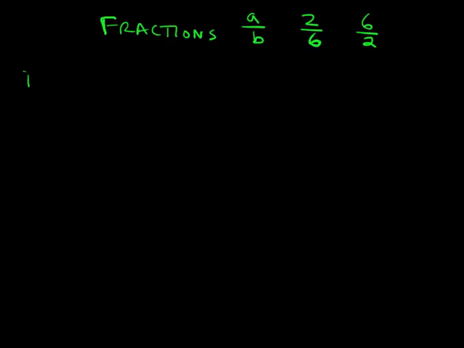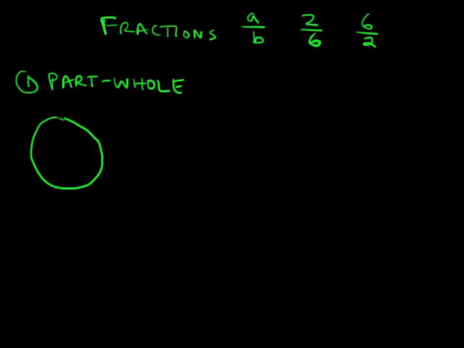One way is called the part to whole model, and this is something you are likely familiar with from middle school. We can imagine that we have a whole thing, for example a pizza pie, and let's look at the fraction 2 over 6. 2/6 using the part whole model is really saying that there are two parts out of a whole that is made up of 6 parts.